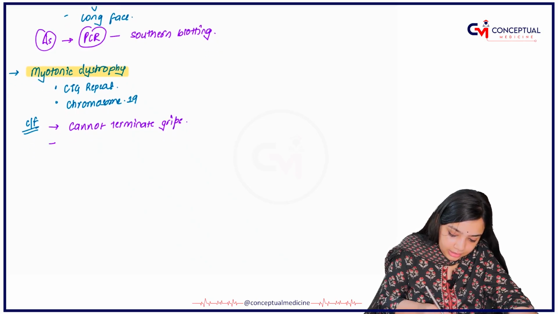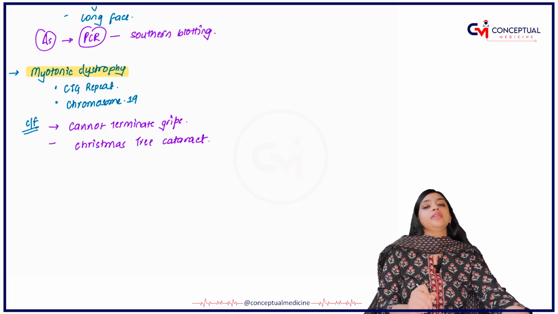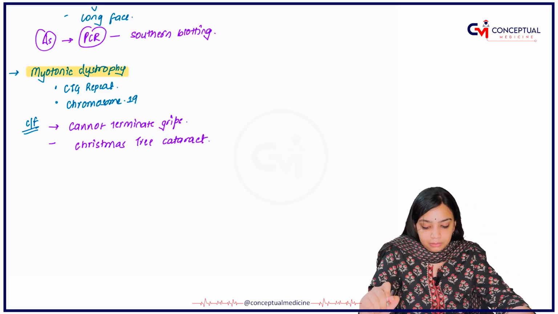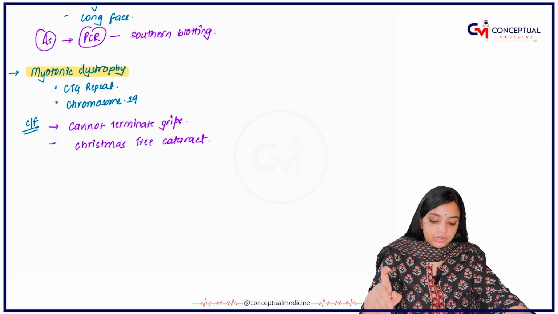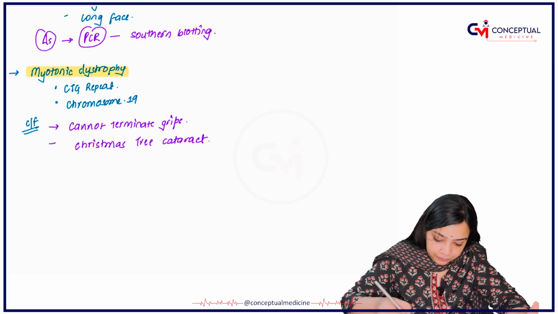Next thing is, in the eyes you will be able to see a Christmas tree cataract. Okay, you will learn more about the cataracts in your ophthalmology. In myotonic dystrophy, remember, you are able to see a Christmas tree cataract.